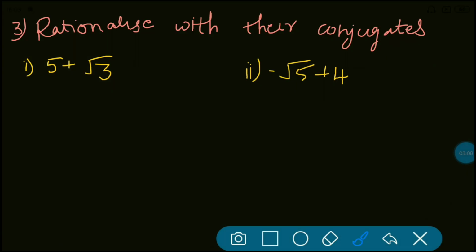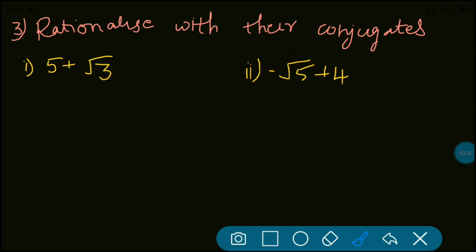The third question says: rationalize the following surds with their conjugates. First we have to find their conjugates, and then rationalize them. The main thing is that the conjugate is nothing but the same as a rationalizing factor.